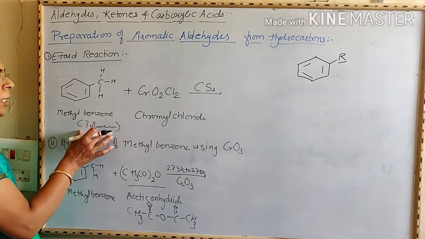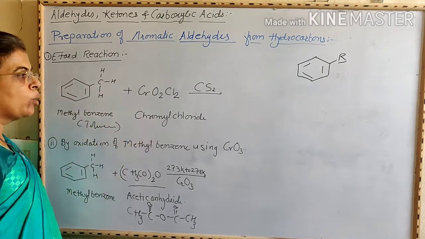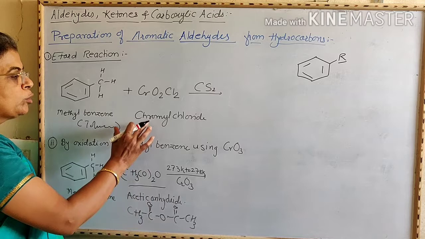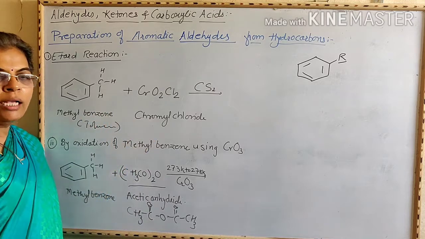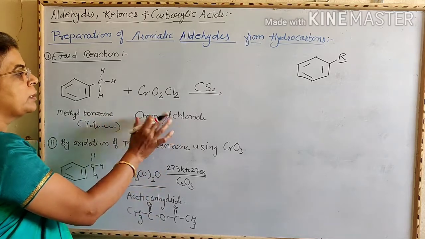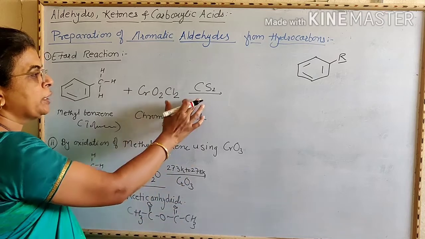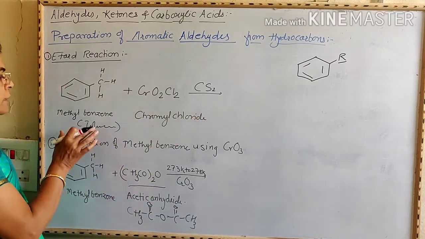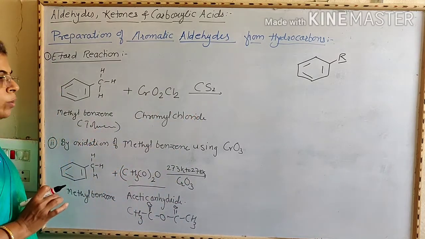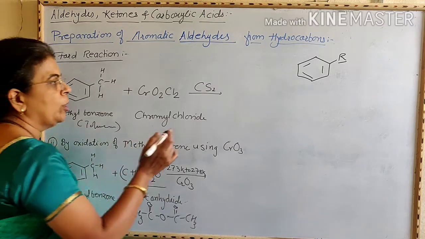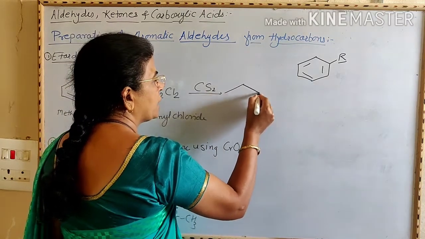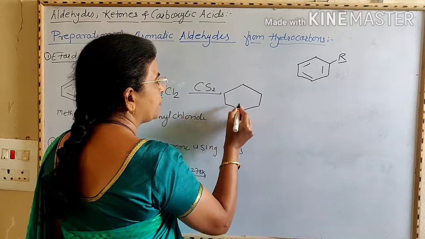When this compound is treated with chromyl chloride, CrO2Cl2, which is used as an oxidizing agent, in presence of carbon disulfide, then this methylbenzene or toluene undergoes oxidation.